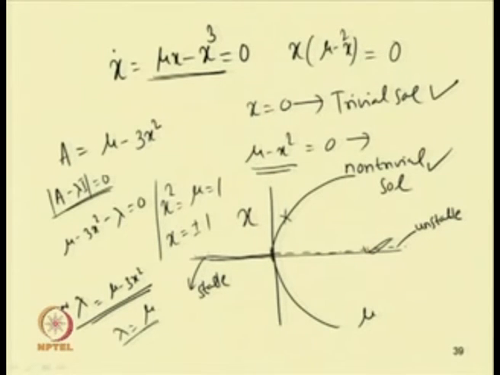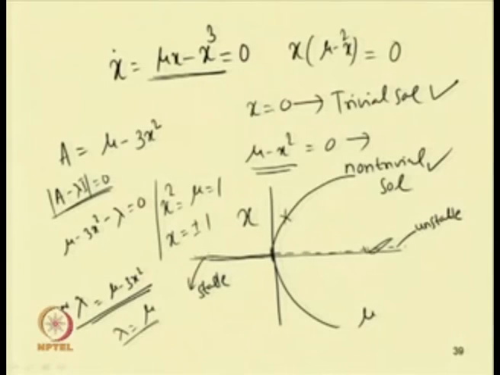Along with that, we have an unstable trivial branch. So, after this bifurcation point, the number of solutions increases. Before this bifurcation point, we have only a single solution, but after this bifurcation point, we have 3 solutions: this is 1, this is 2 and this is 3. Out of these 3, 2 branches are stable and this branch becomes unstable.